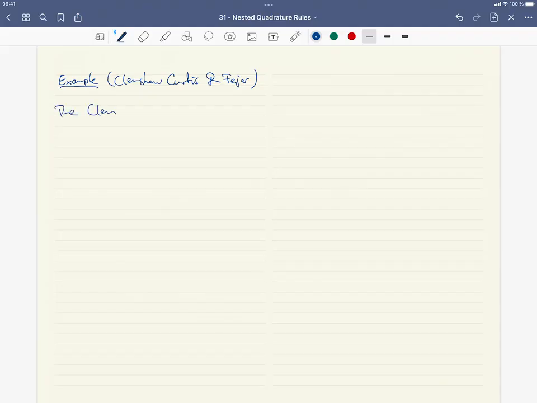So the Clenshaw-Curtis nodes are these: z L r is 1/2 times 1 minus cosine of pi times r minus 1 divided by R L minus 1, and r runs from 1 up to R L. Again, R L is the number of points on level L, and the number of points is this.